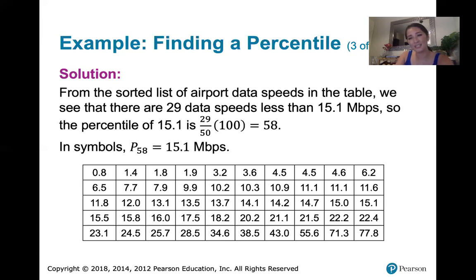This isn't perfect because sometimes you've got data values that are repeated, and different software computes this percentile differently. But this is roughly how we interpret it. The bottom 58% are less than 15.1, and the top 42% are greater than 15.1. I guess we should say less than or equal to or greater than or equal to, just to be inclusive.